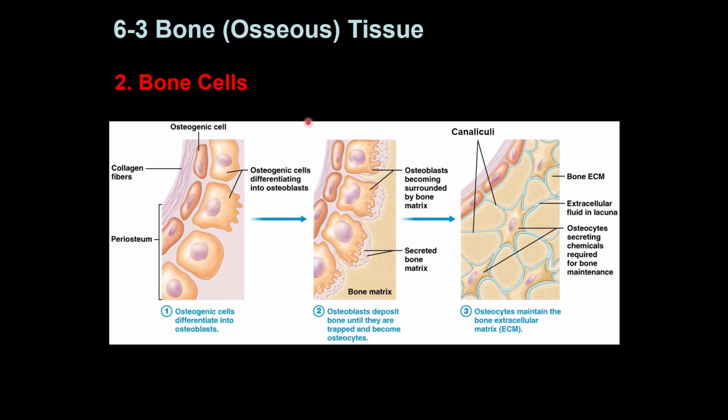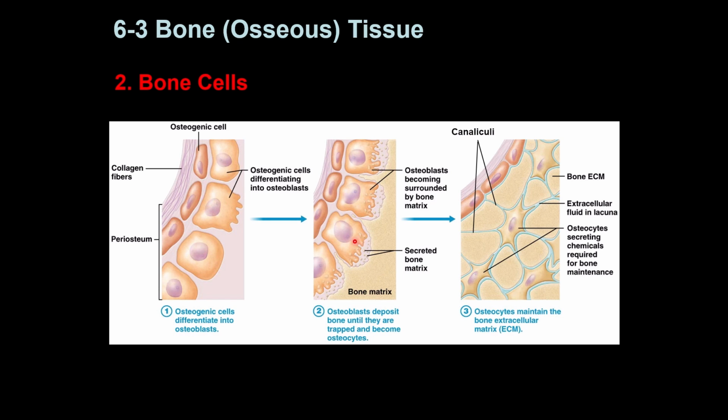The third component of the bone tissue is the bone cells, and there are 4 different types. The first one is called osteogenic cells, or osteoprogenitor cells. These are similar to stem cells, and they make osteoblasts. Osteoblasts are young cells, and their function is to make the organic bone matrix.